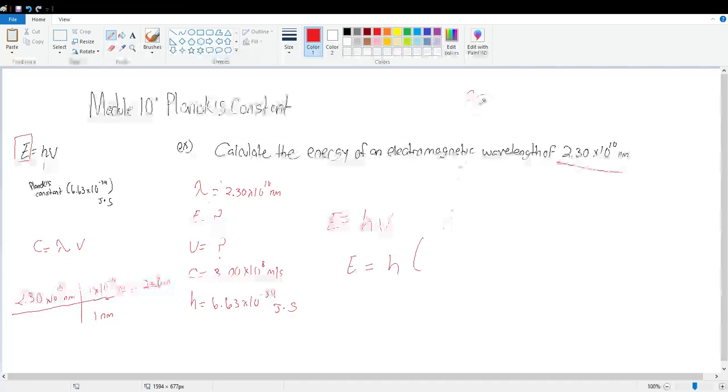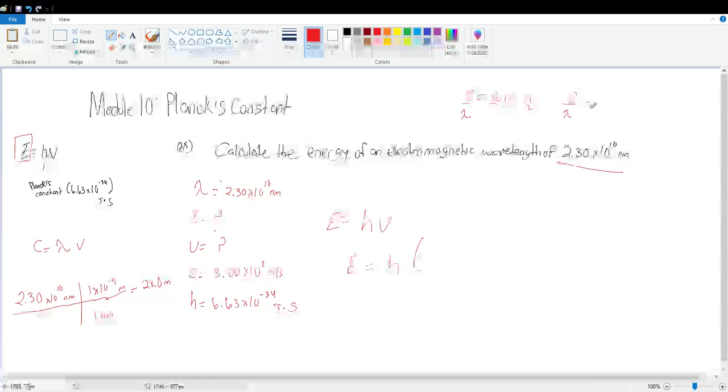Remember, we're going to rearrange the equation to solve for v. The constant speed of light divided by wavelength gives us frequency. So we're going to substitute v with this.